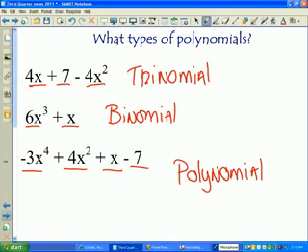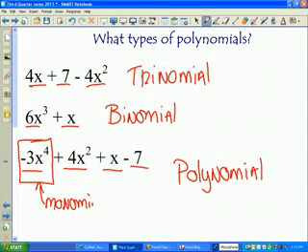There's not like a quadnomial or all kinds of septinomials. We don't have any of those. So right now, if you have 3 terms, it's a trinomial, 2 terms a binomial. But if I was just looking at this negative 3x to the 4th, that would be considered a monomial.